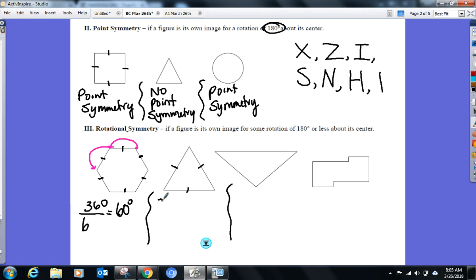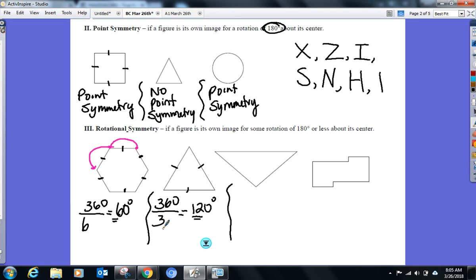Divide 360 by 3, which is the number of turns I can do. And I end up with 120. And again, this is just the minimum amount of degrees. What other degree measures could I rotate other than 60 over on the hexagon? 120, 180, any multiple of 60.